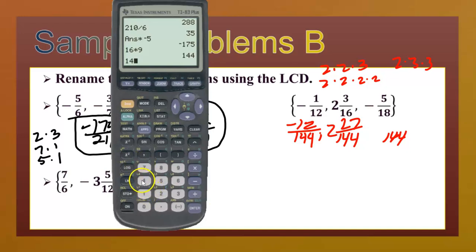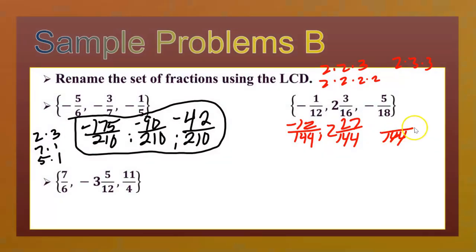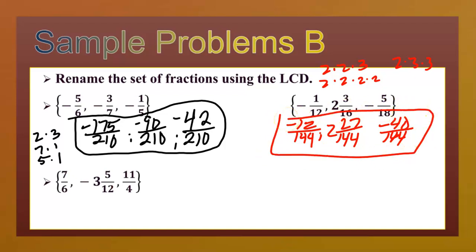So 144 divided by 18 gives us 8. So 8 times negative 5 would give us negative 40. So that would be our 3 renamed fractions.